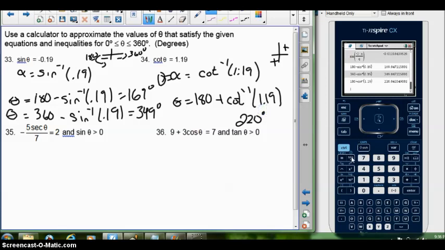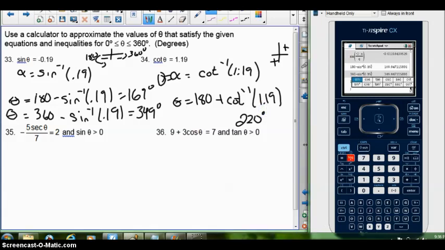And then simply inverse cotangent of 1.19, and we get basically 40 degrees.